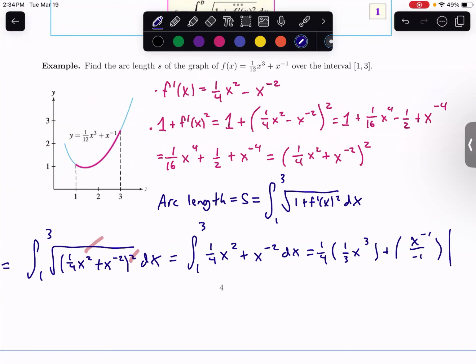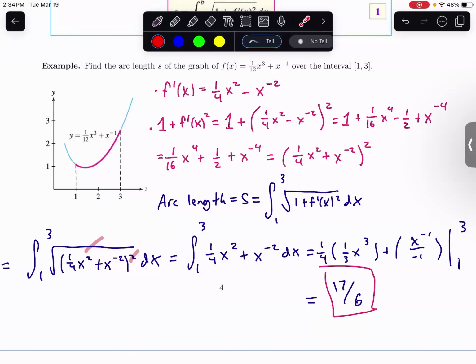And then this is all evaluated from 1 to 3. So you could leave your answer like this, but it ends up being equal to 17 over 6. If you actually plug in the numbers and simplify a little bit, you end up getting 17 over 6.